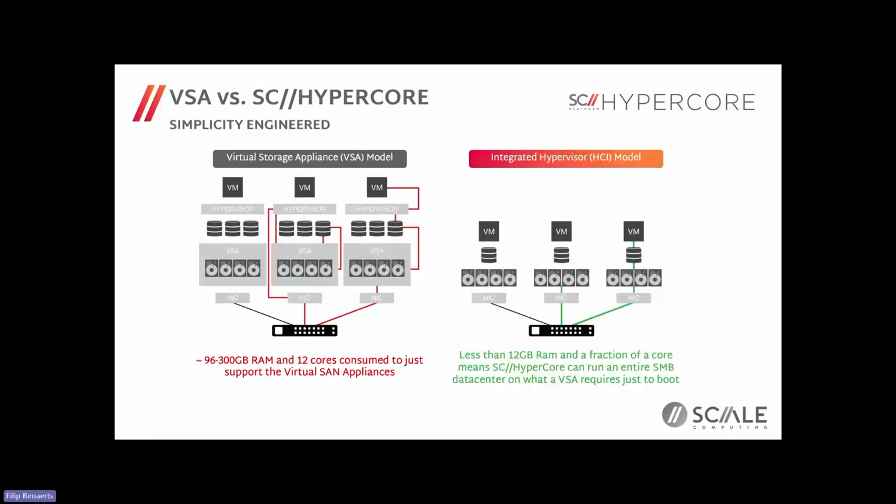A virtual storage appliance model, for those who do not know that, is where you have a separate virtual machine running to make sure that your storage is pooled and that your hypervisor sees that as one big pooled storage. Who is doing that? In the market, you have, for example, Nutanix, HP SimpliVity, so they have their own VSA model. The advantage is that those vendors were really fast to market because they could use, for example, a VMware hypervisor. In our case, we don't use a virtual storage appliance model.